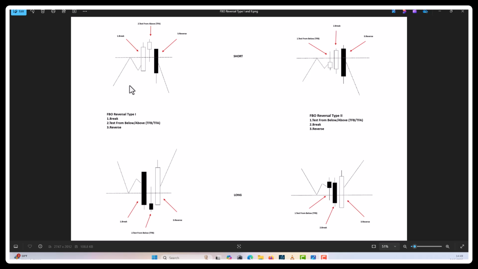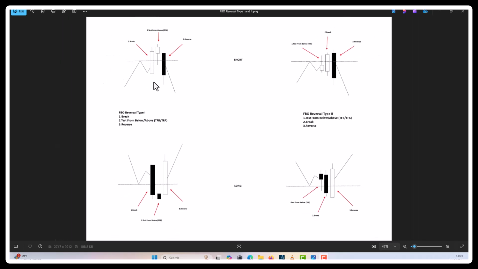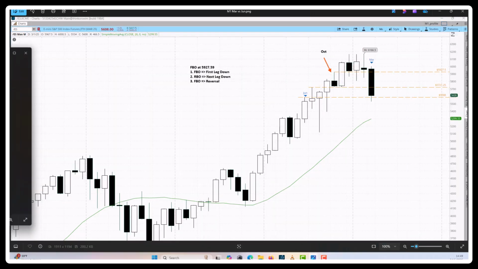We simplify this, right? So for a short setup up here, for the type 1, you see it breaks the level and it tests from above at least once. We simplify. In reality, if we look on here, we see it tests from above. How many times? 1, 2, 3 times.